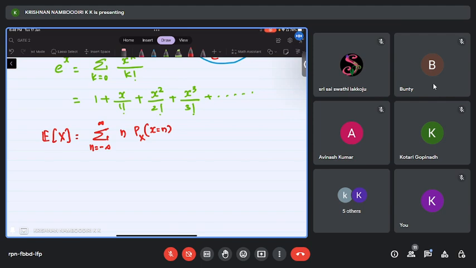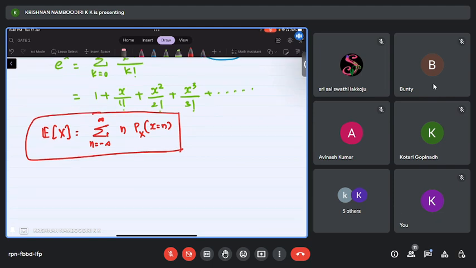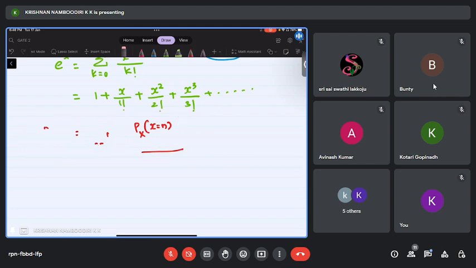So this is how for a discrete random variable the mean is defined. There is a slight problem with this definition. I will redefine this because this will not be useful in many cases.